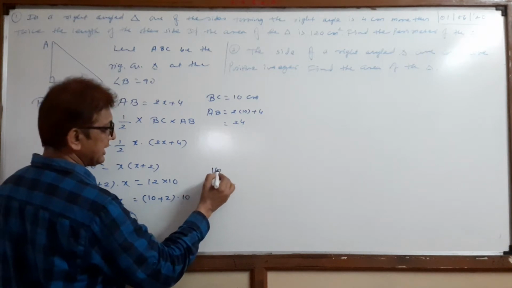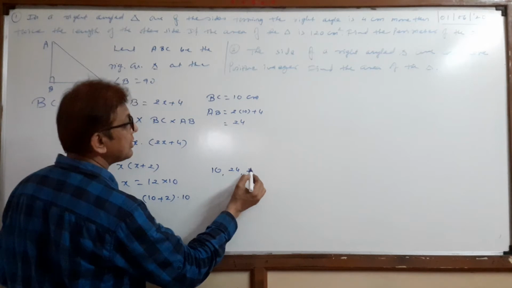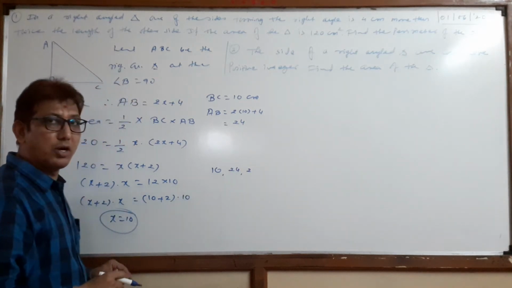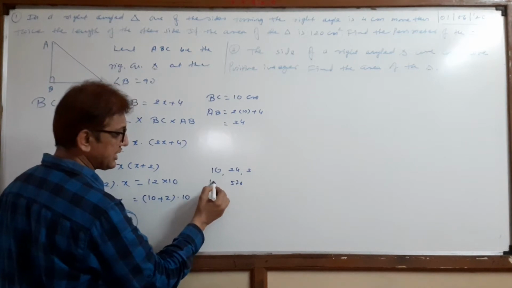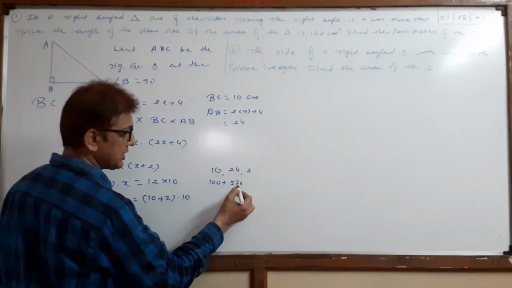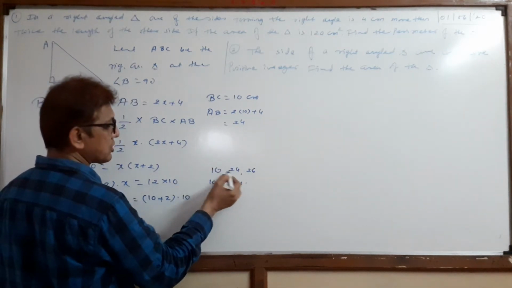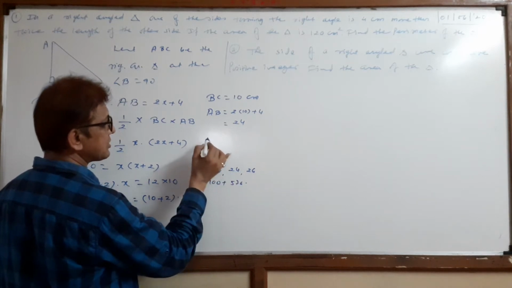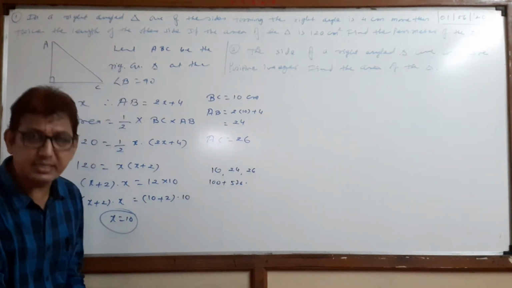Which triplet? 10, 24, and what? Remember, 24 square is 576, 10 square is 100, 576 plus 100 is 676. 676 is the square of 26. So our triplet is 10, 24 and 26. So we directly write here AC equal to 26.